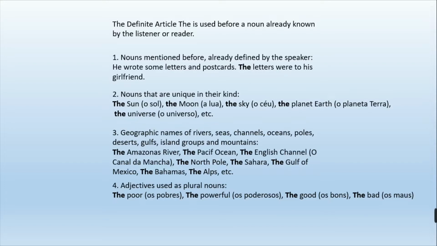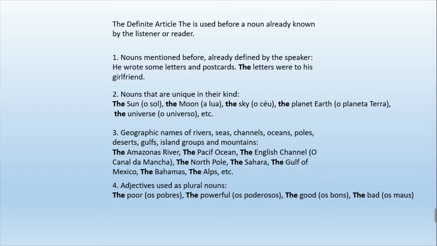So this way, we can use the definite article. Actually, we must use the definite article before, but then again, these adjectives are functioning as nouns in this case, and obviously, so every time you say the good are the majority, right? The intelligent have more power, or the example you want to give. The rich have access to a lot of things.